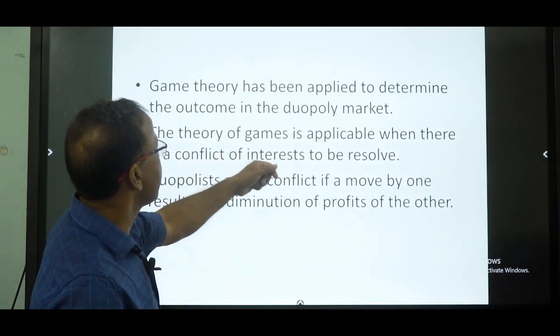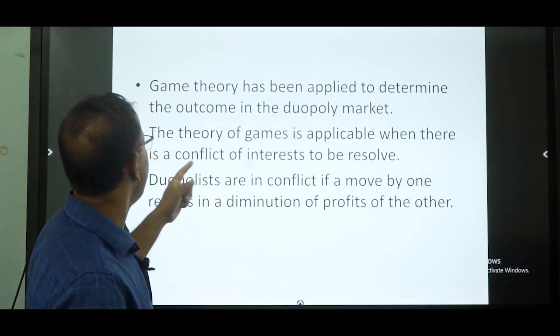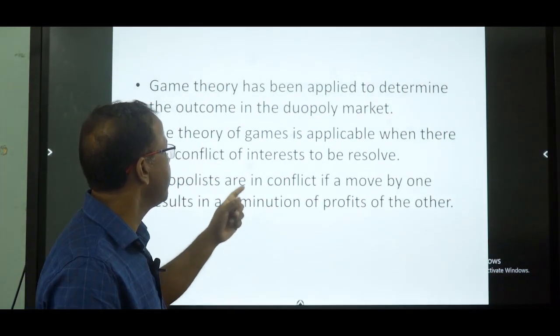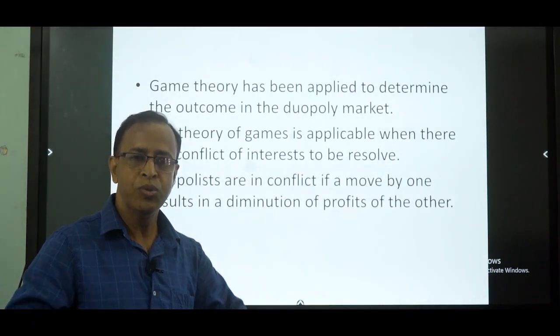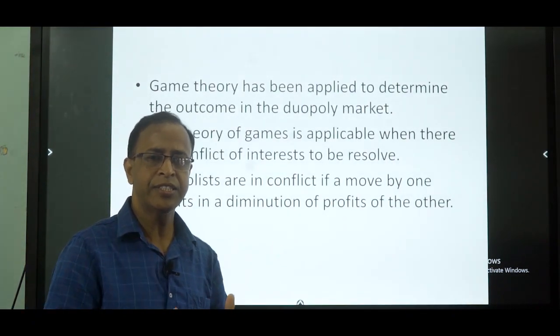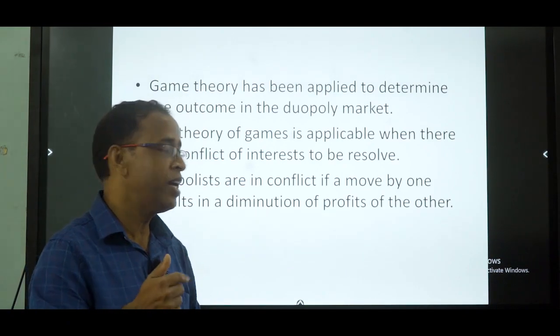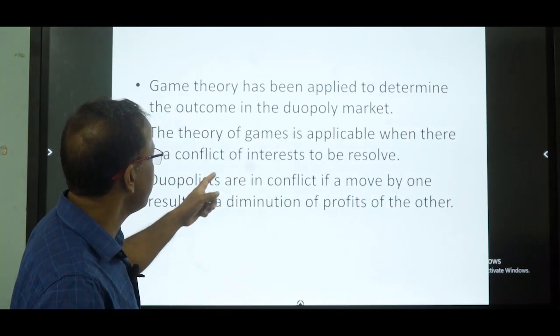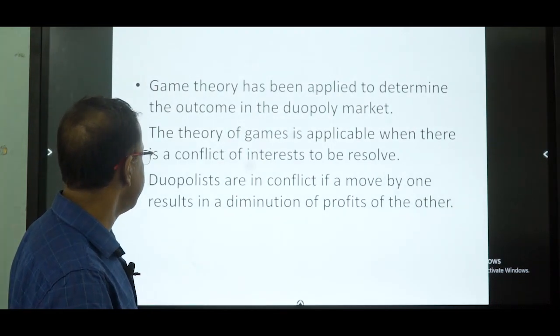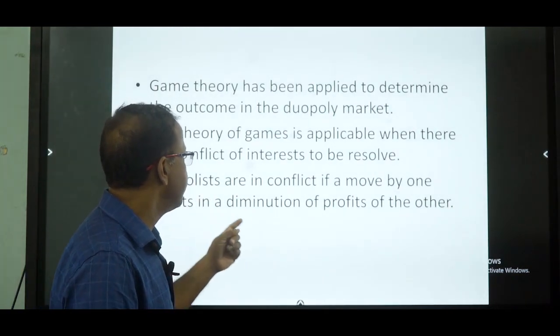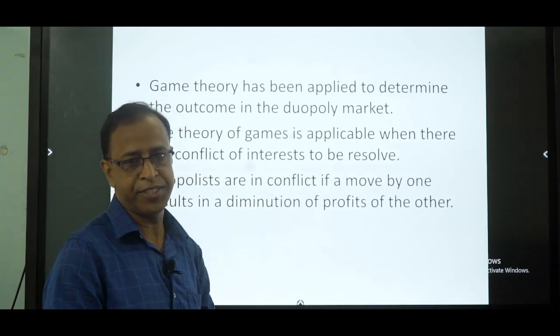The theory of games is applicable when there is a conflict of interest to be resolved. That means, to resolve it, the industrialists or players employ game theory, and duopolists are in conflict if a move by one results in a diminution of the profits of the other.